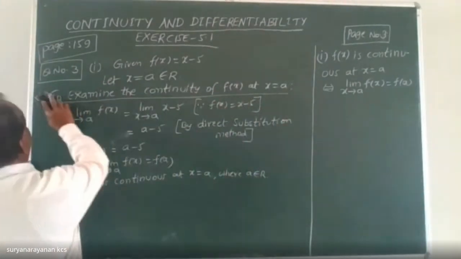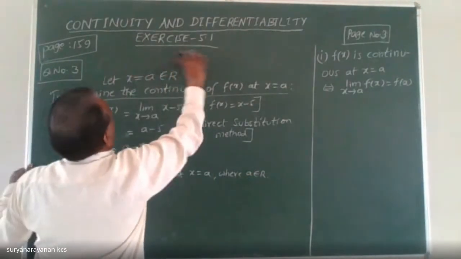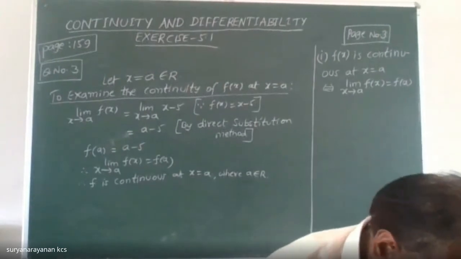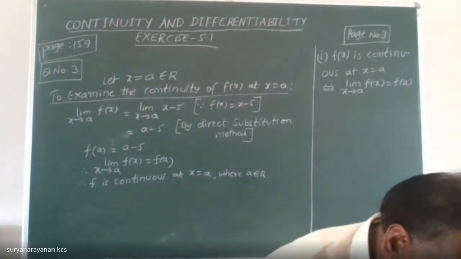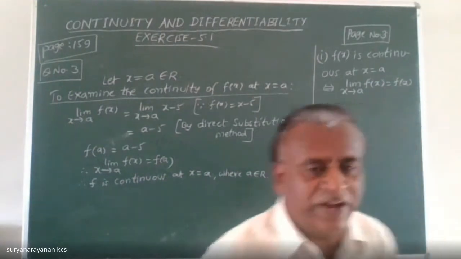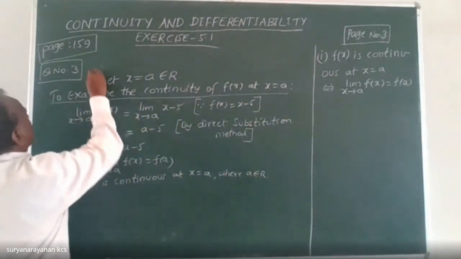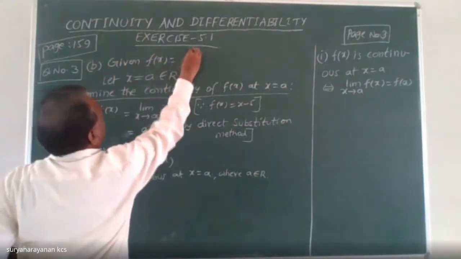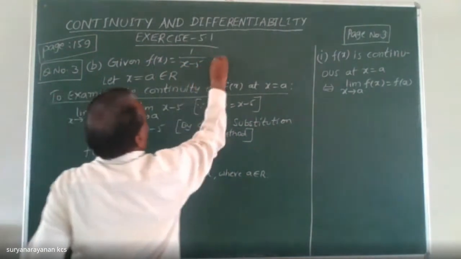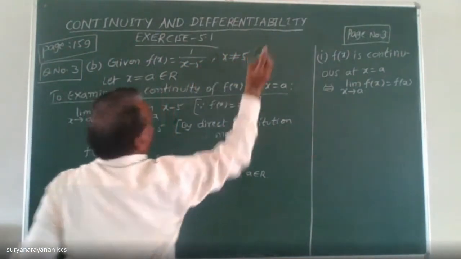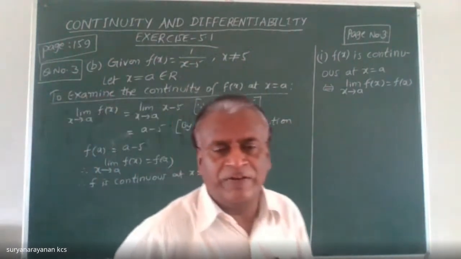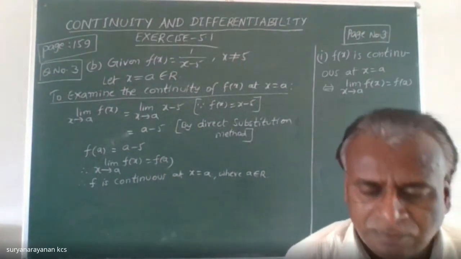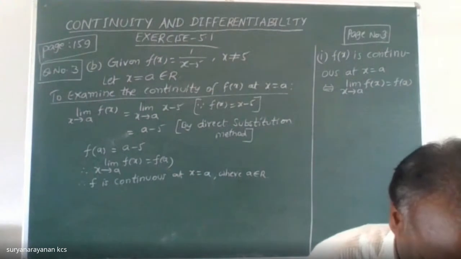Now, see the next question. In this Roman number 3, see the next question, b. F of x is equal to 1 by x minus 5, comma, x is not equal to 5. Except the value of x is equal to 5, you have to check the continuity of this function.